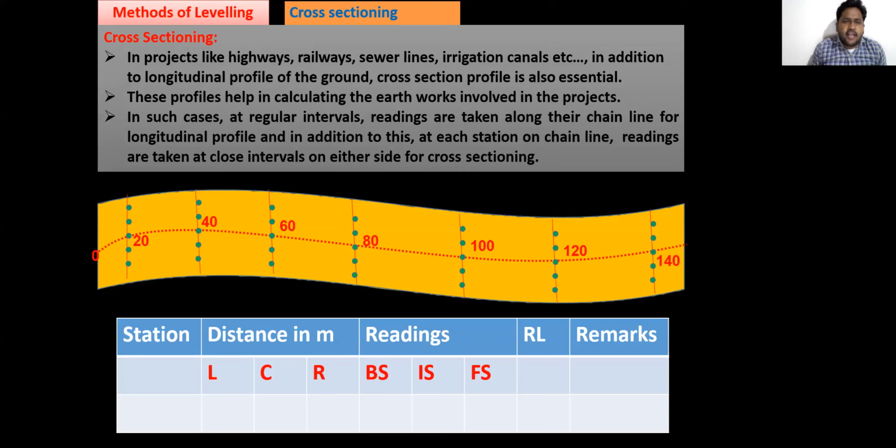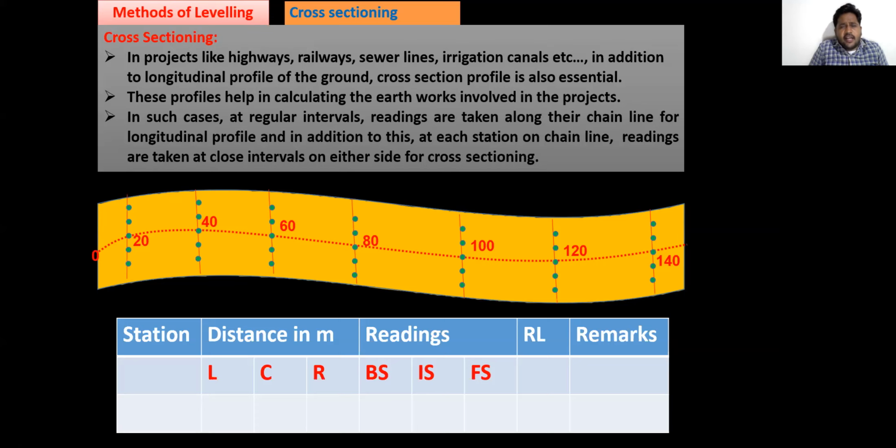We need to take the cross section, because the width of the road, if it is a single lane, will be 3.5 meters. If it is double lane, 7 meters. So up to 7 meters width, we need to take the cross-sectional profile of that particular ground.